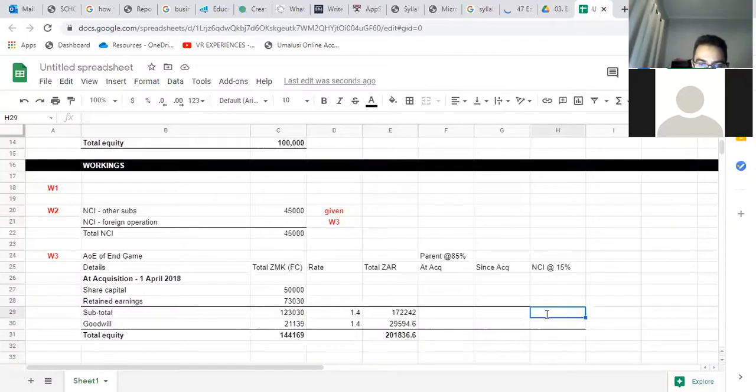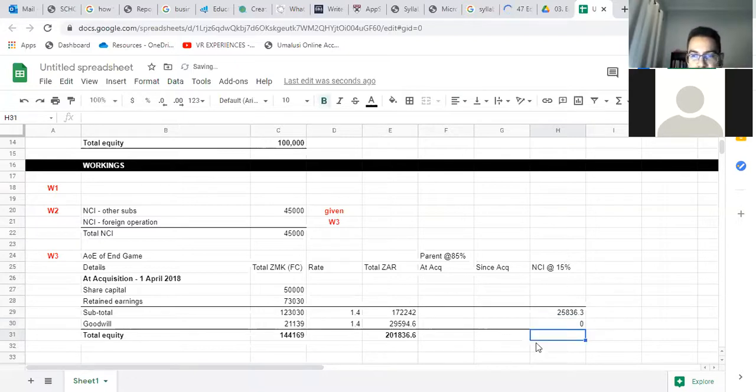So NCI is going to be that times 15%. NCI gets nothing of goodwill because it is the partial goodwill method. So that is 0.